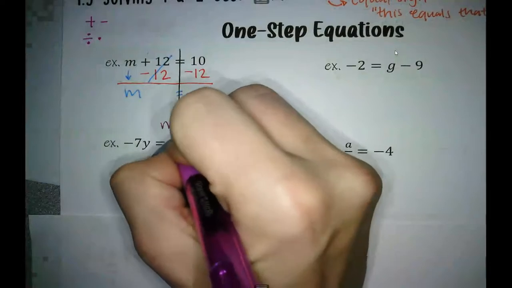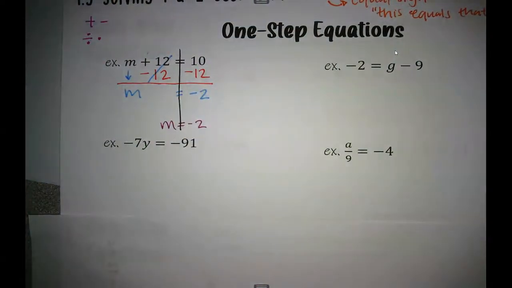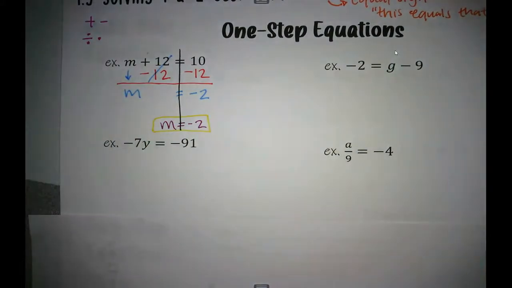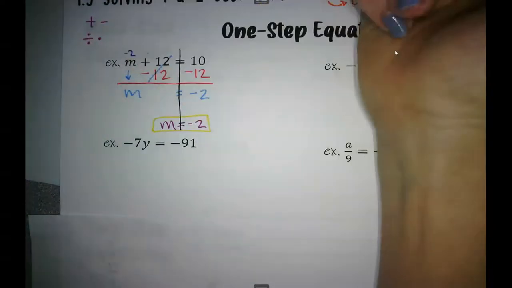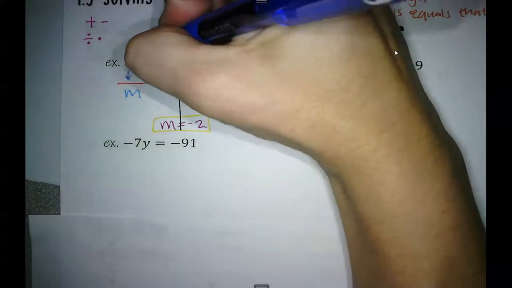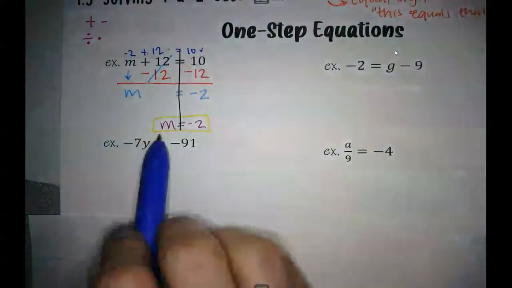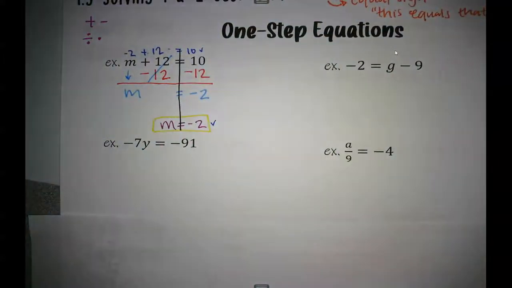So my answer is m equals negative 2. And I can come back up to my original equation, and I can put negative 2 right here where this m is, plus 12. Does that equal 10? It does. Checks out. This is our answer. m equals negative 2.